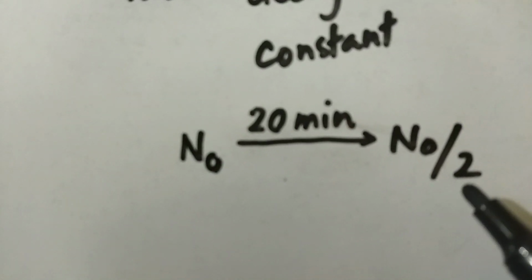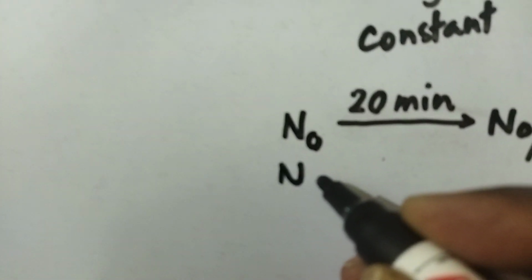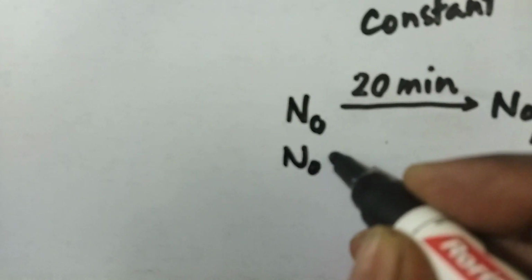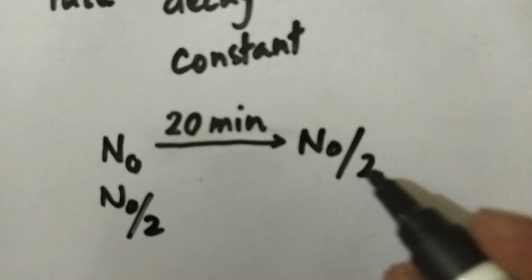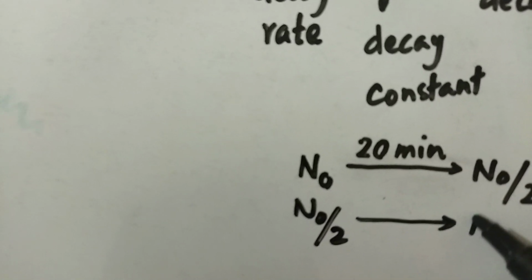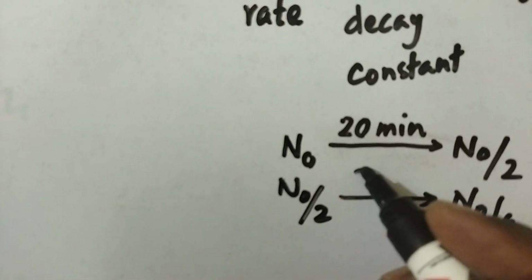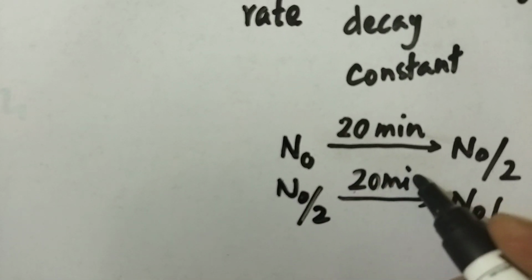Since activity is proportional to n, we can consider that activity in terms of n also. So n naught reduces to half in 20 minutes, that is n naught by 2, because half of that is remaining now. That reduces to n naught by 4 in another 20 minutes.